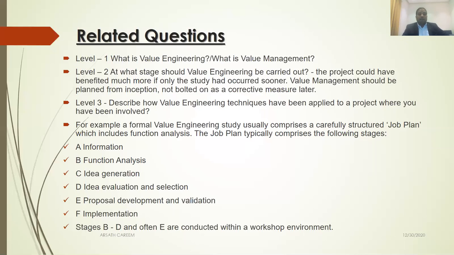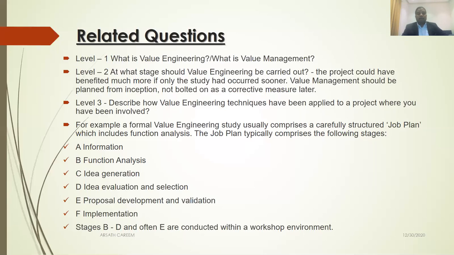For example, a formal value engineering study usually comprises a carefully structured job plan, which includes functional analysis. The job plan typically comprises the following stages. There are 6 steps.